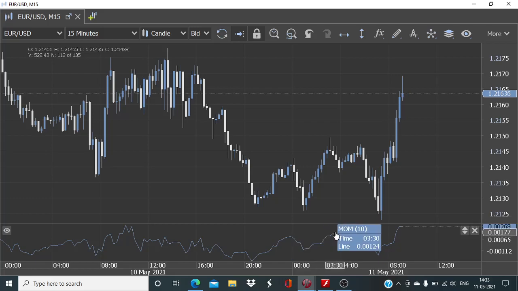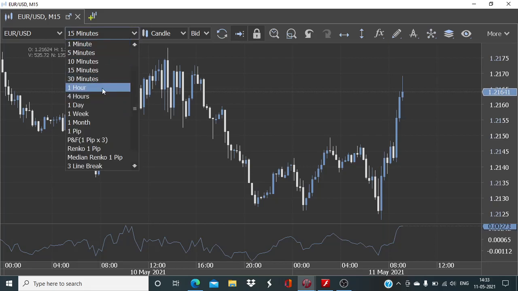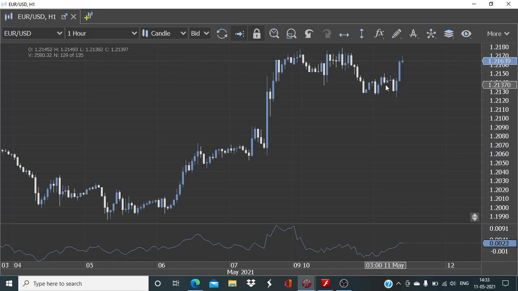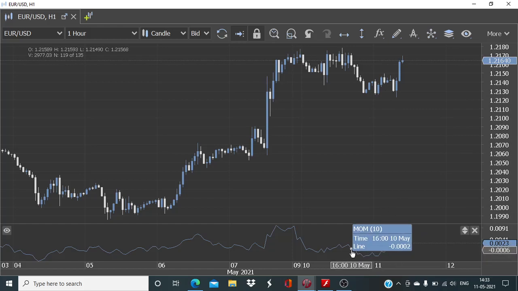This is how we will be optimizing the entry, and as the basic criterion, we will need the hourly time frame value to be below zero.